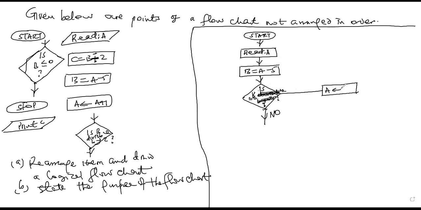A minus 5 reversed will be A plus 1 here, and then there we connect back and put into B. You note the arrow should be above, so that will come from above.